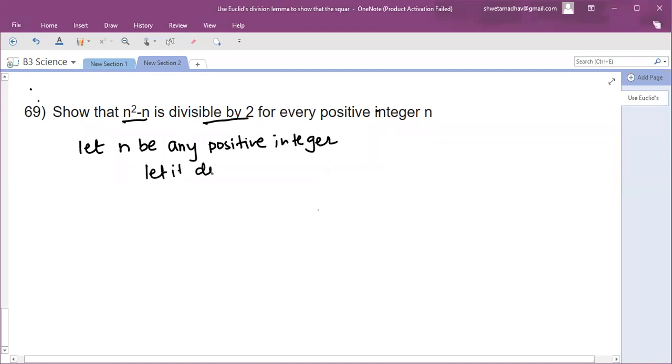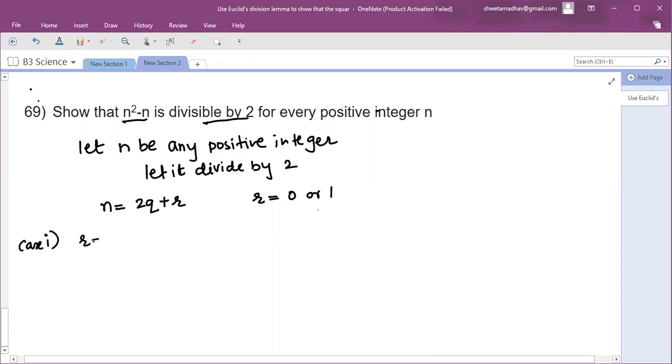According to Euclid's division lemma, n is equal to 2q plus r, the remainder. So the values of r will be 0 or 1. So case 1.